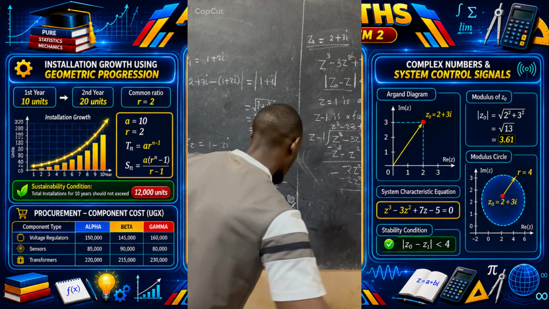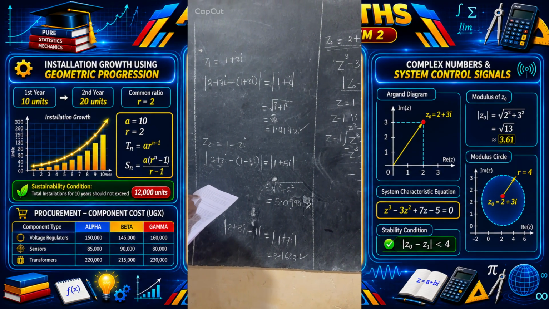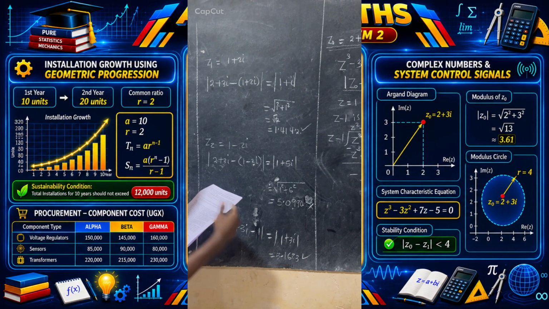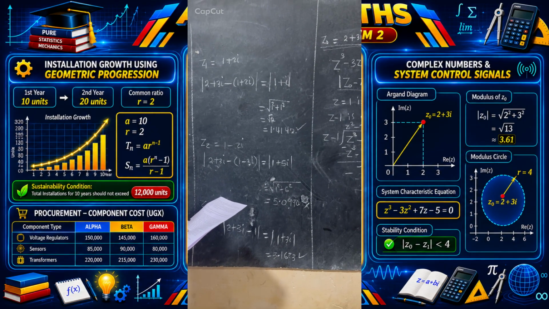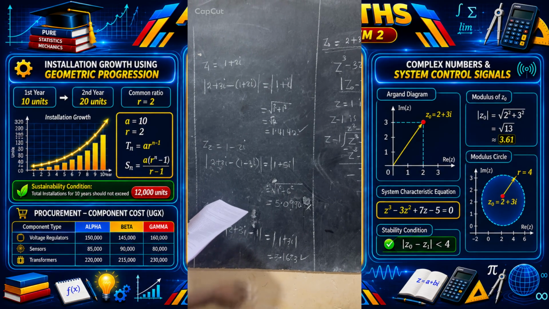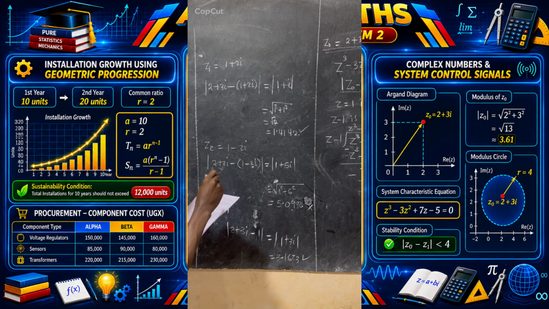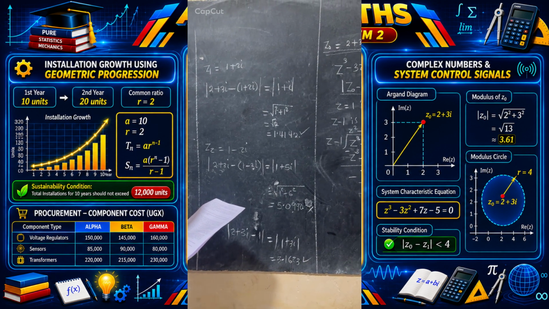But now, the question was very clear. They said that the automation system will remain stable in operation if the modulus of the difference between the reference signal and each control signal, Z0 minus Z, in magnitude is less than 4 units.